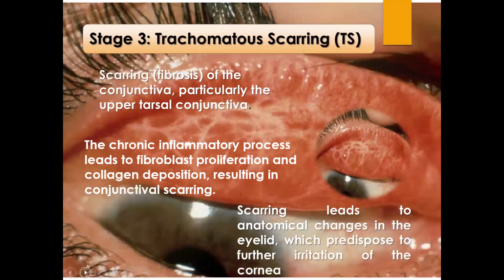Then it leads to the third stage known as trachomatous scarring. And this trachomatous scarring leads to formation of fibroblasts and collagen deposition. And when there's fibroblasts and collagen deposition, it will restructure that organ to assume a different shape. And this causes anatomical change of the eyelid.